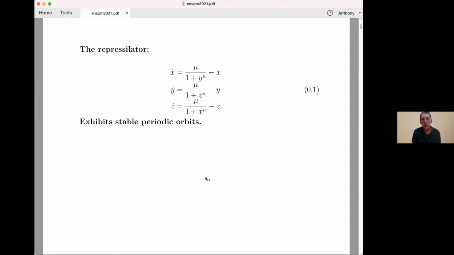And also it's got a cyclic symmetry or a circulant symmetry, in the sense that I can get all the second equation from the first simply by shifting x to y, y to z, and z to x. And you can show that the system exhibits remarkable stable periodic orbits. And it got its fame, as I said, as being an example of something you could actually construct in a biological context in the realm of synthetic biology.